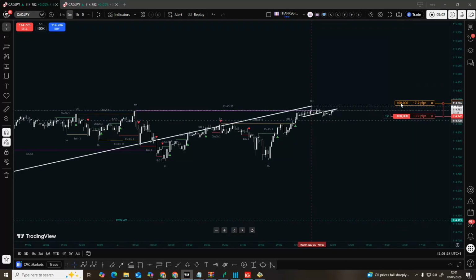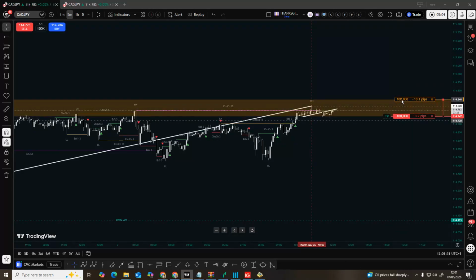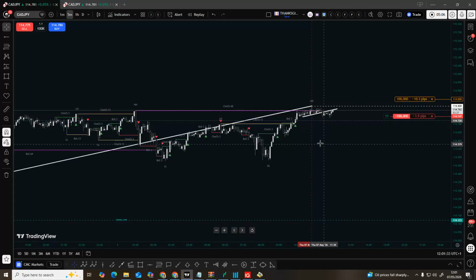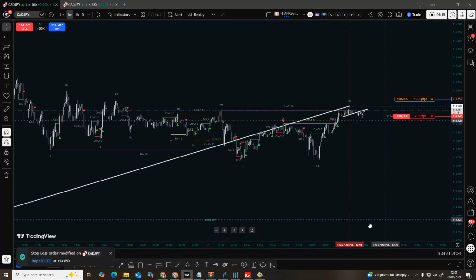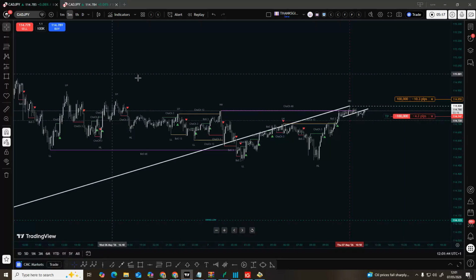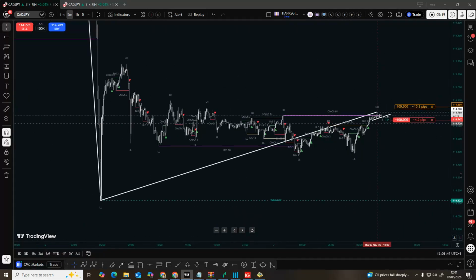Then we can give it 5 pips, 85. You shouldn't give it more than that. This potential lower high is confirmed. Then we should be looking for a continuation move to the downside. The idea is simple.